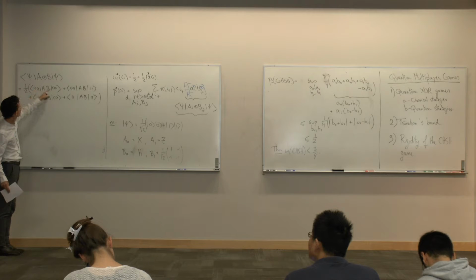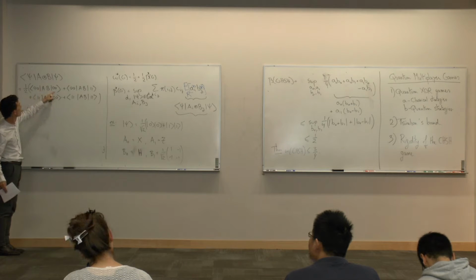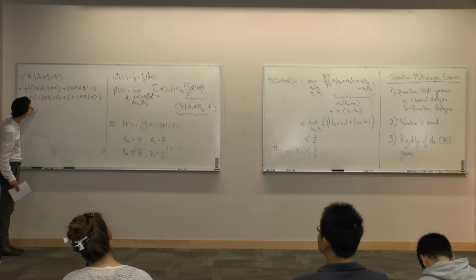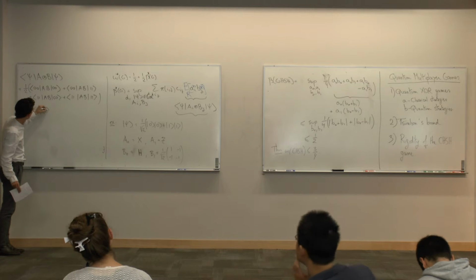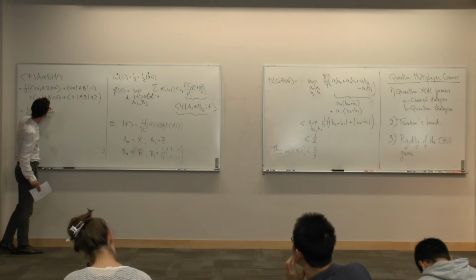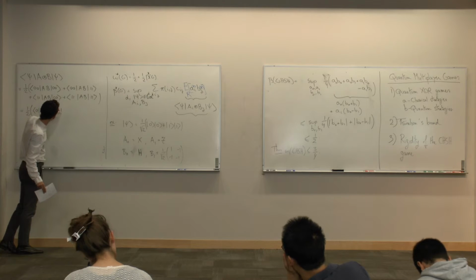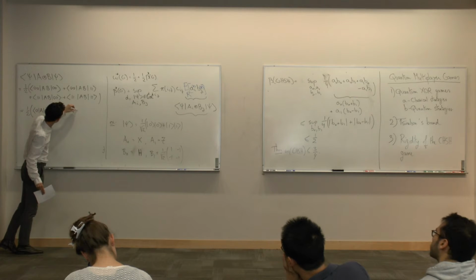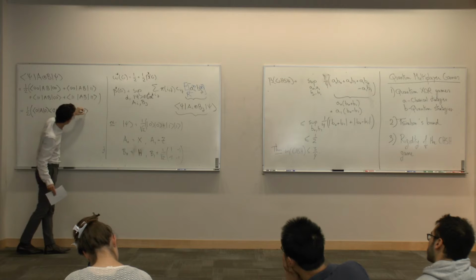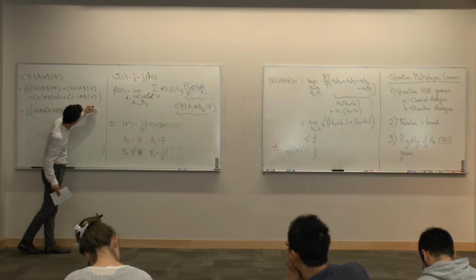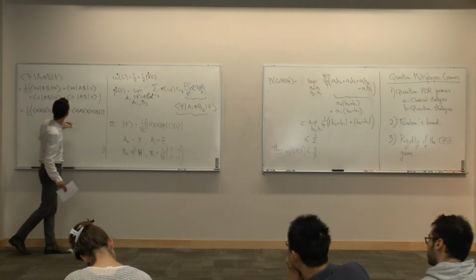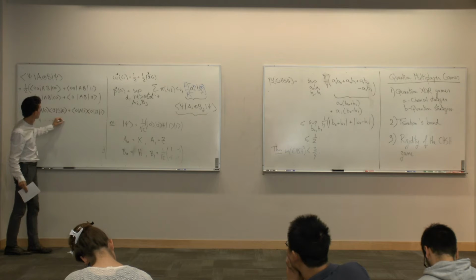The first 0 and the first 0 go to A, and the second 0 and the second 0 go to B. So I can rewrite this expression as <0|A|0> <0|B|0>, plus <0|A|1> <0|B|1>, plus the other terms. There are 2 other terms.